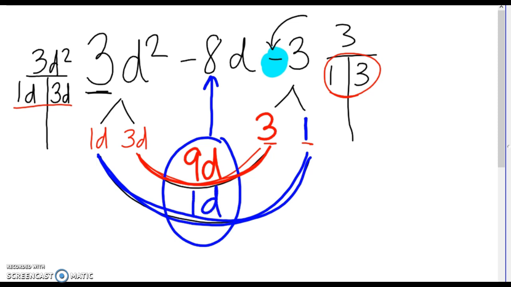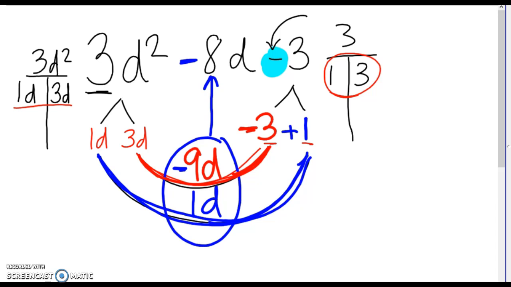If I put those two together, can I get to a negative? Yeah, if I'm thinking football, if I had a loss of 9 yards and a gain of 1, that would be an overall loss of 8. So I know this 9 has to be negative. That means I'm going to follow through. This 3 has to be negative, and then if I go down here, this one has to be a positive 1.